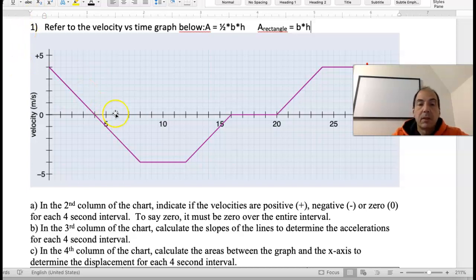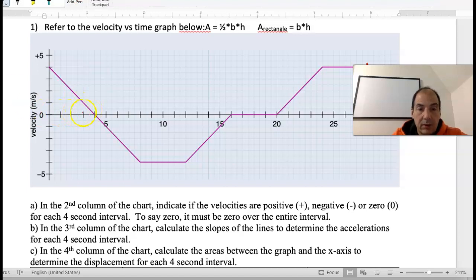All right. So literally, when we talk about areas, we're doing just that, but it's always the area between the x-axis and the line. So the first area I'm going to work with is this triangle right here.